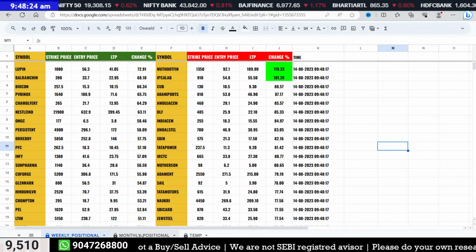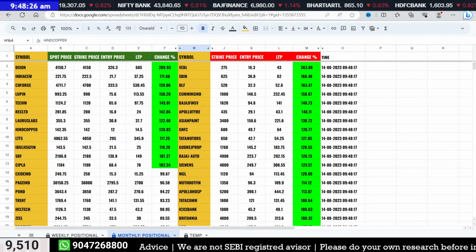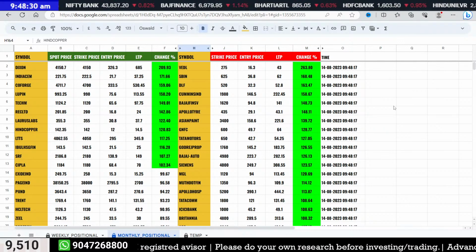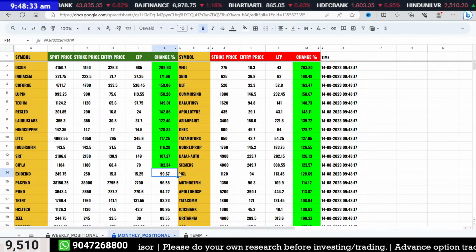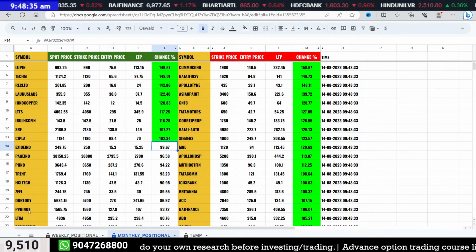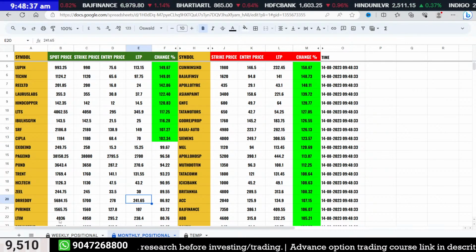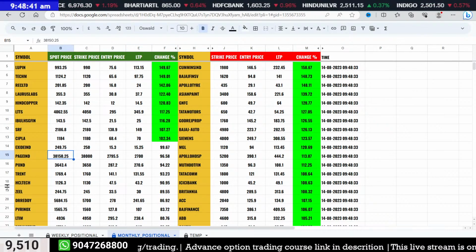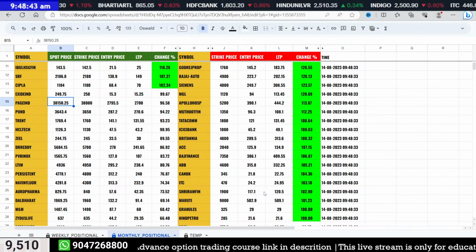Then our positional monthly, a lot of stocks on the put side, most of the stocks 20% higher from our entry. Next is the previous one: PI Industries, Trent, Zeel, Dr. Reddy. Okay, nearing is Zeel and PI Industries. Maybe PI Industries is not a liquid one. We can wait on the put side.